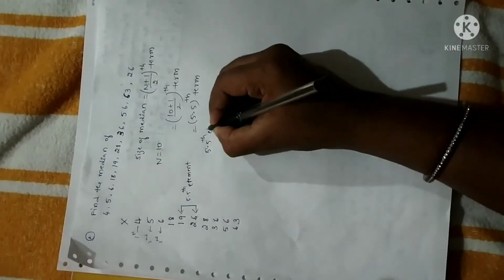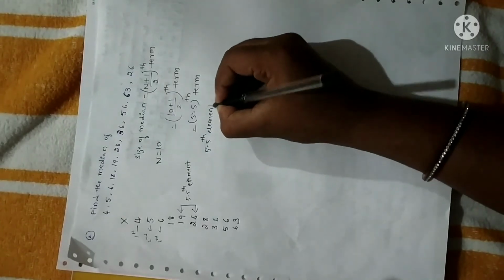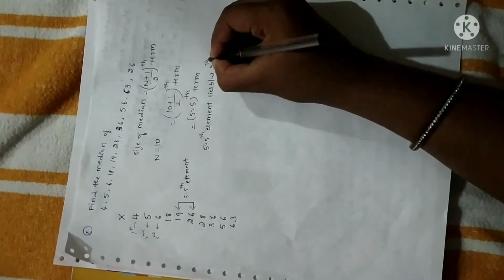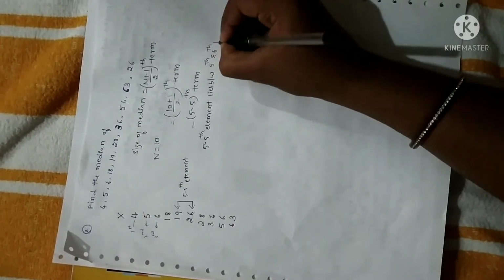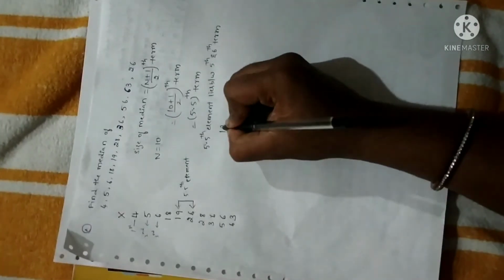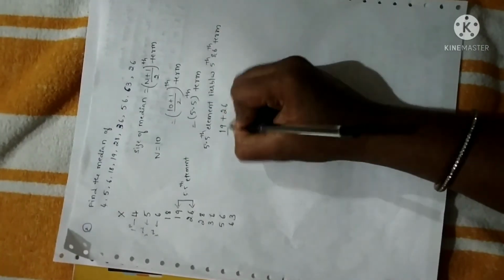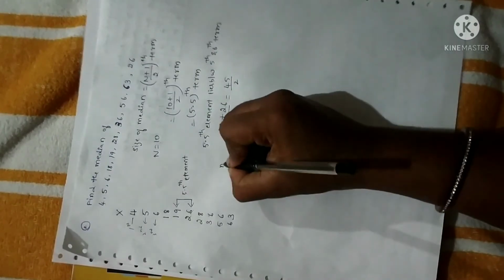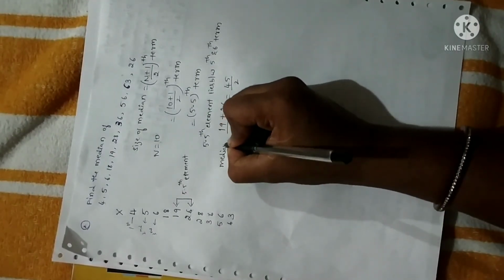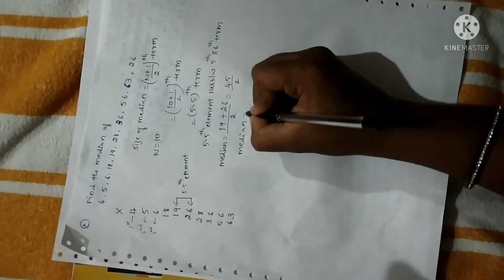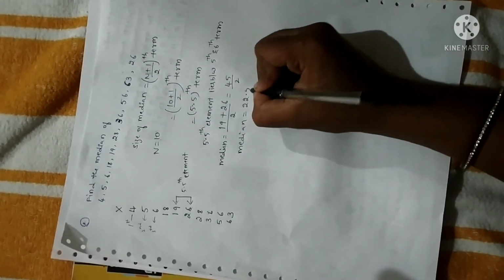The 5.5th element lies between the 5th and 6th term. So the 5th term is 19, the 6th term is 26. So you have to add that and divide by 2. That will give us the required median. Median is, when you divide, you will get 22.5.